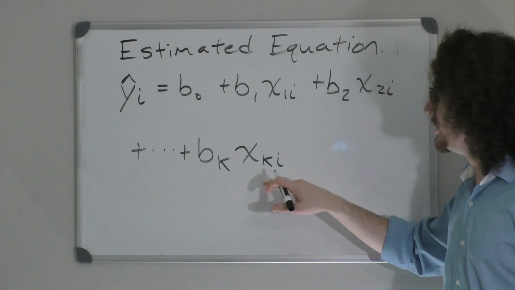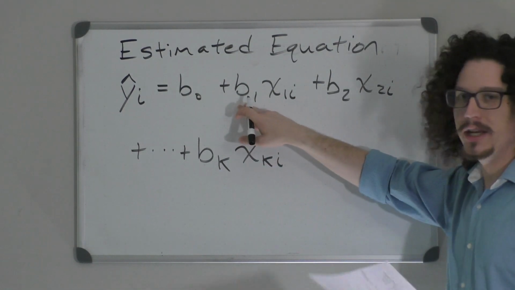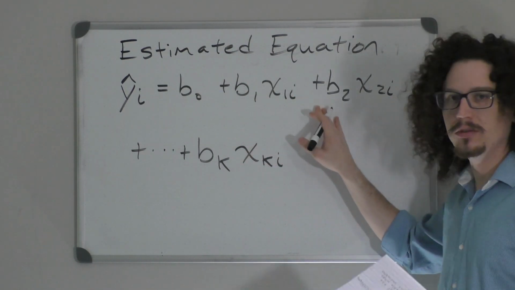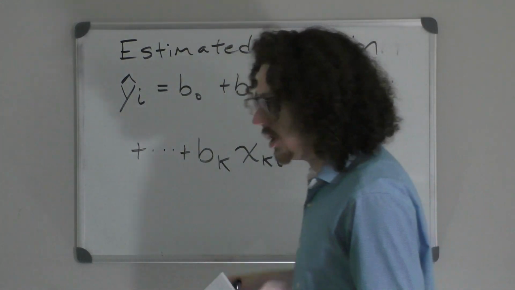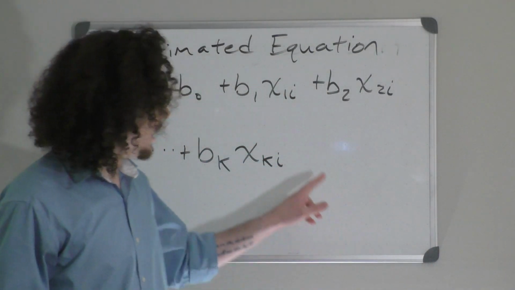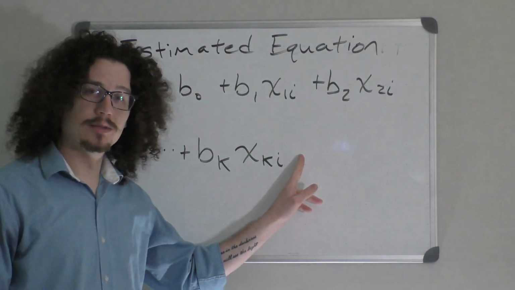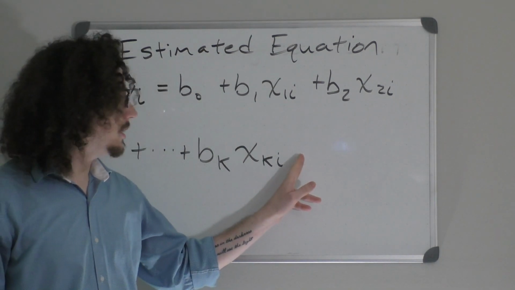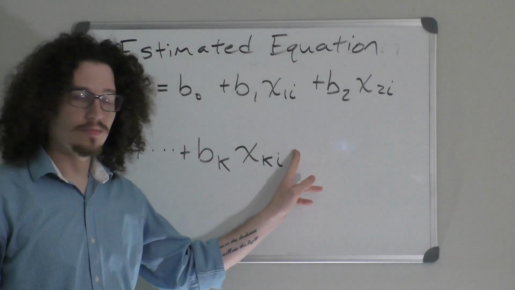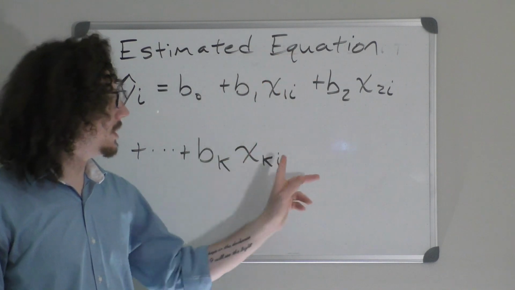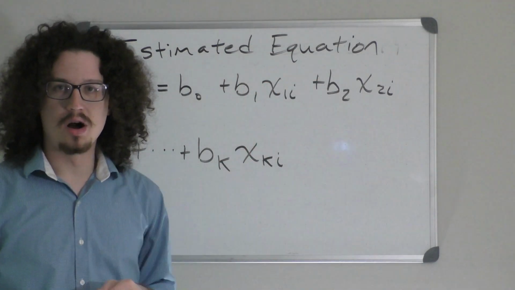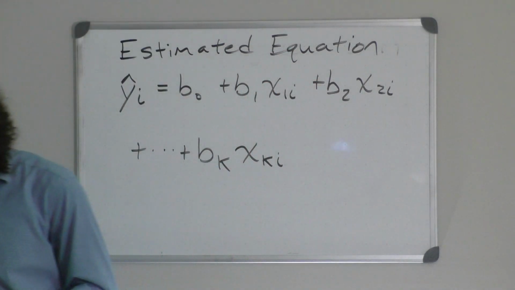The x's don't change. b1 is the estimate for beta 1, b2 the estimate for beta 2, and so forth. And just like with simple linear regression, once we get to the estimated equation, we drop that error term off as well.